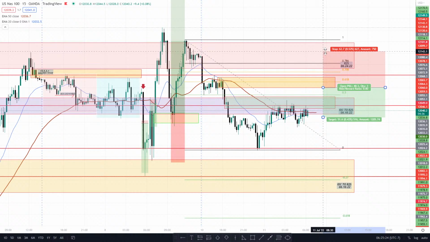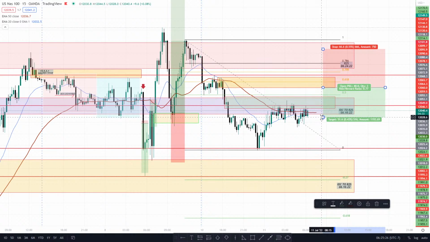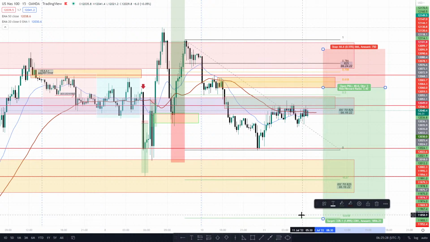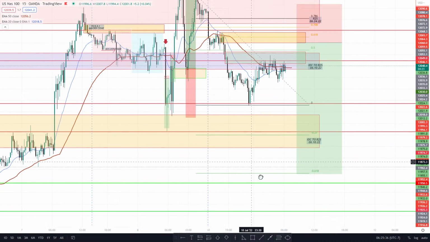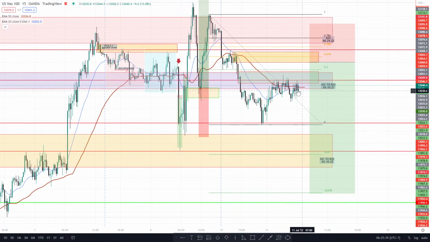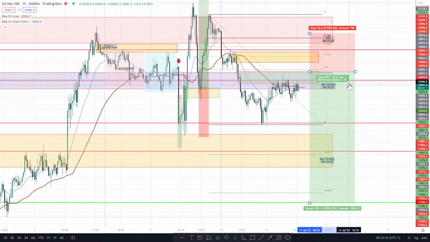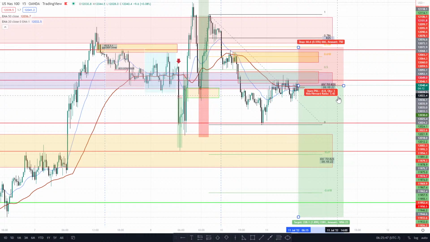I think we can see it come down to the 61.8%, probably even a little bit farther, maybe down to this green line. So I'd be looking for something like this if it finishes above right here, and something like this if it finishes below.